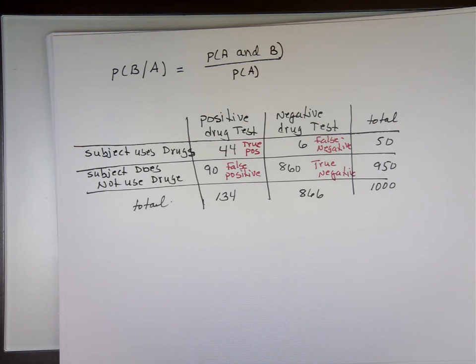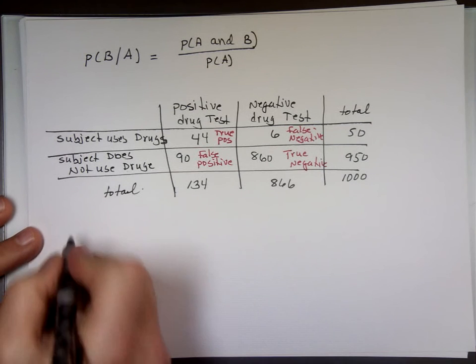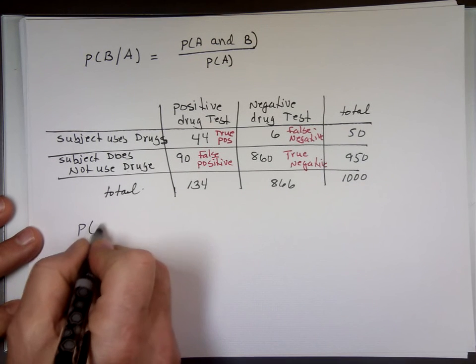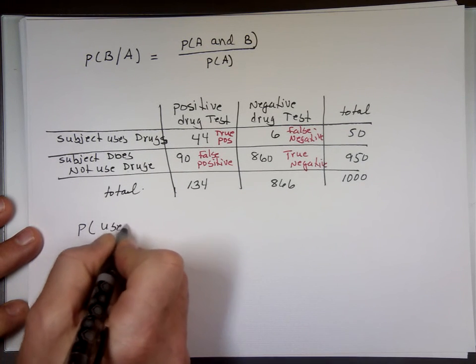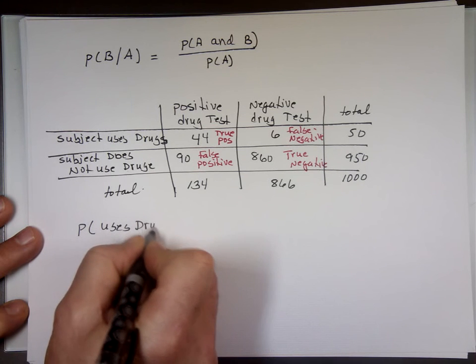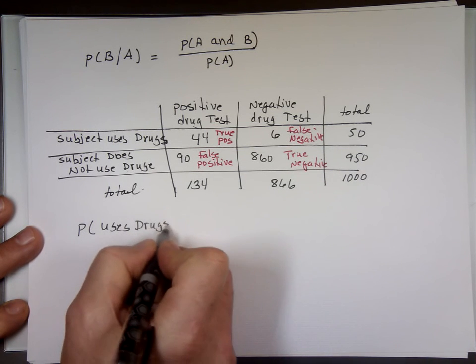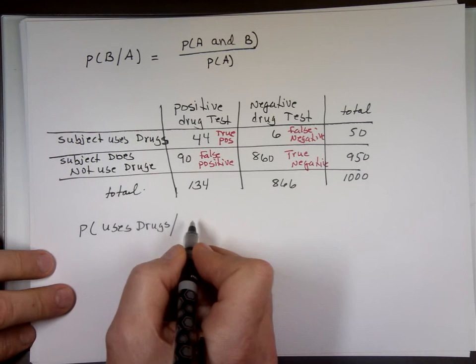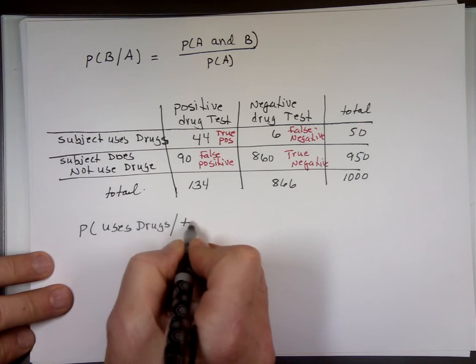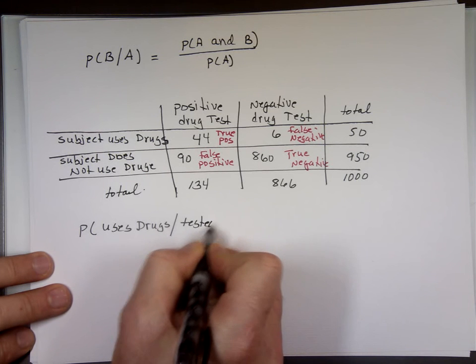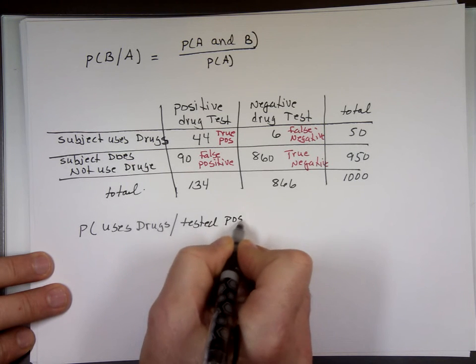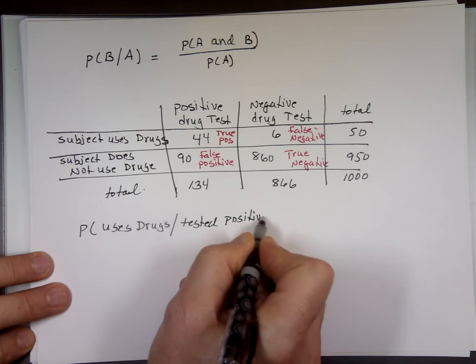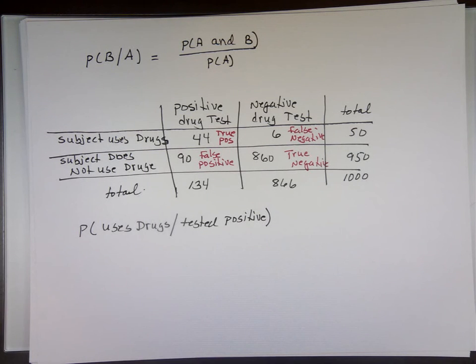So the question, what's the probability the person uses drug, given knowing the person tested positive. If you want to follow their equation, you say, oh, that's easy. We'll do it this way.